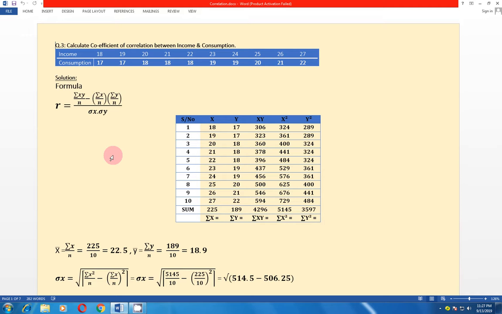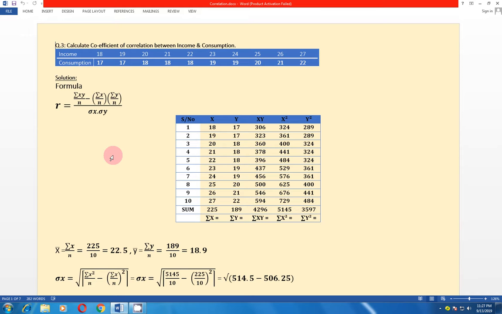And the second property is that it is always equal to the geometric mean of two regression coefficients, beta x on y and beta y on x, which will be discussed in the next videos related to the regression analysis.